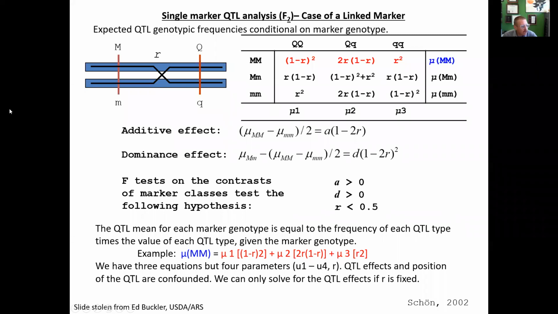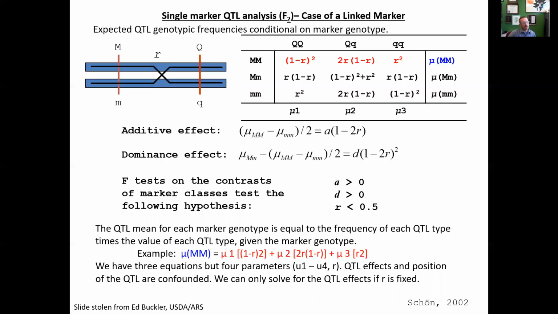Okay, what I wanted to show you here, and this slide was borrowed from Ed Buckler, and this was part of Schoen's publication in 2002, is the importance of how marker density and the actual QTL effect can change your estimate of the QTL. So if you imagine a genome has millions or billions of base pairs, the causal nucleotide that causes the phenotype you care about, it's almost impossible that you would measure it.